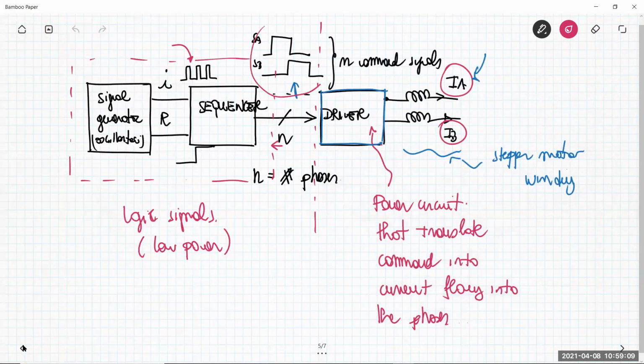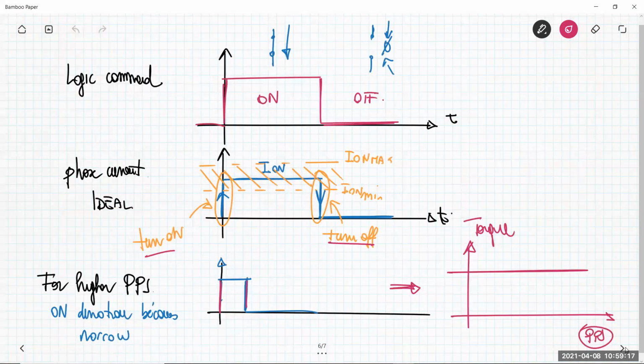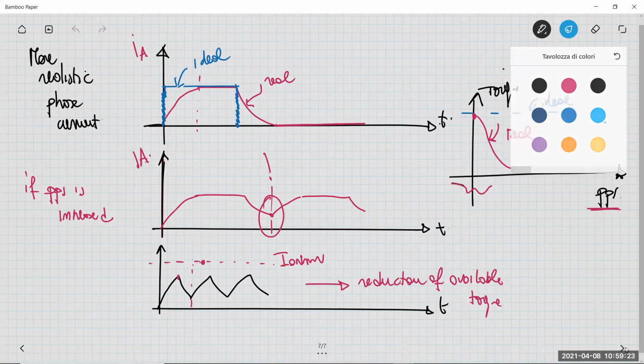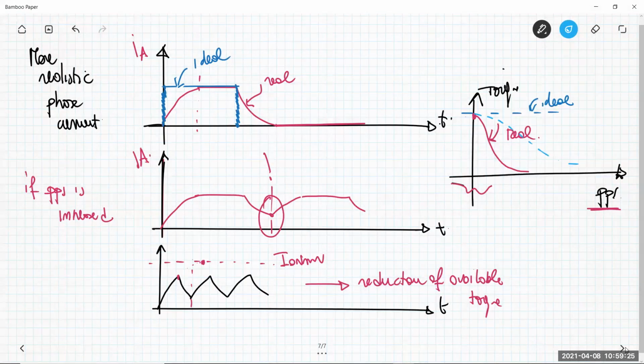According to this set of input signals, the goal is to generate a current that has a very fast turn on and a very fast turn off. This is my goal, in order to raise this curve a little bit, let's say something like this, which is better, so that you have a wide range of frequency that I can employ. So let's start discussing the driver. Let's now focus on the electronics.